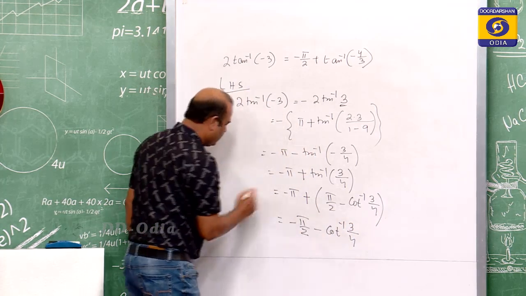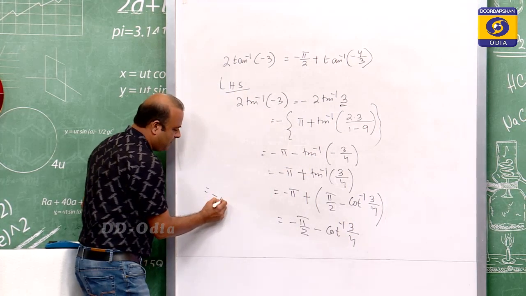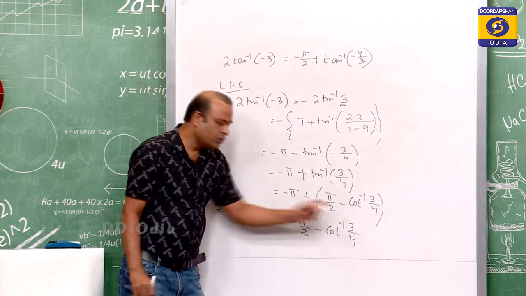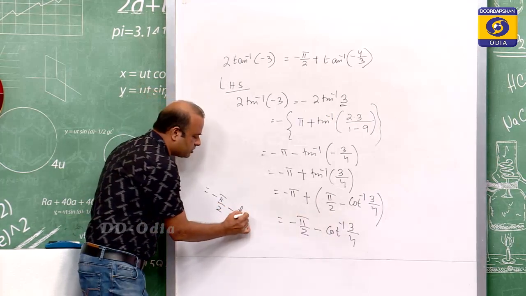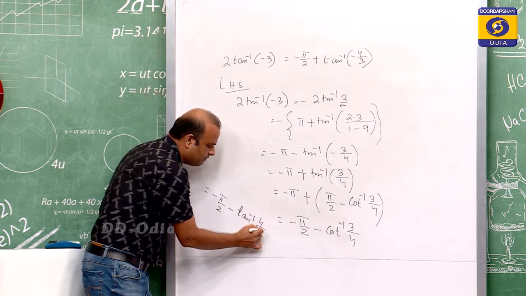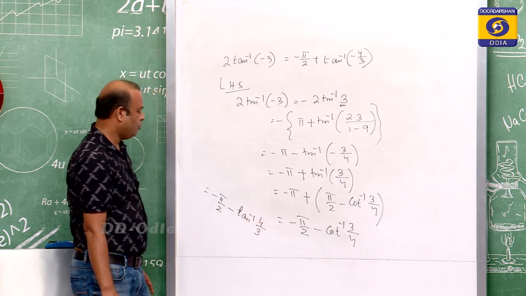So this one is your minus pi by 2 minus cot inverse 3 by 4, which is tan inverse 4 by 3.